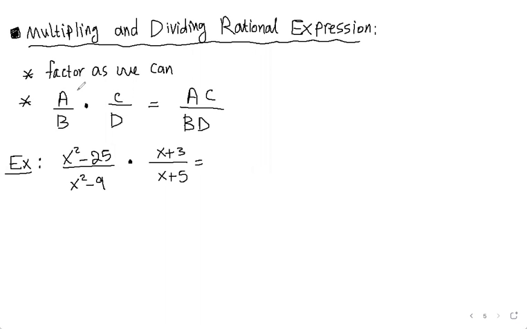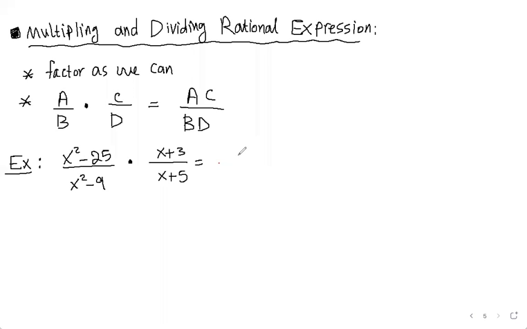First thing, I said we factor as much as we can. First, we factor the difference of squares. That will be x minus 5 times x plus 5. Also the denominator, we do the same thing: x plus 3 times x minus 3.